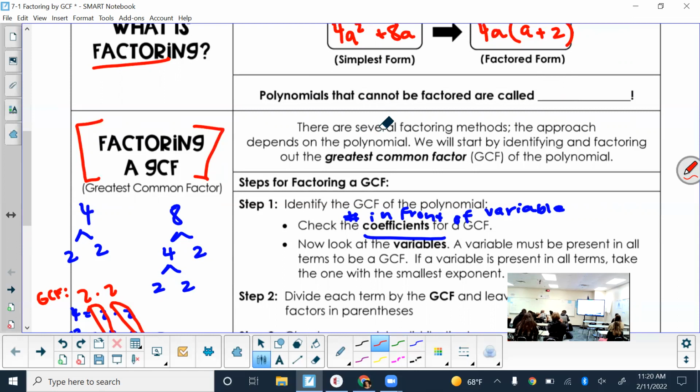Good. Polynomials that cannot be factored are called prime. So now we can fill in that blank. If you can't find a GCF, then it's prime. It can't be factored.